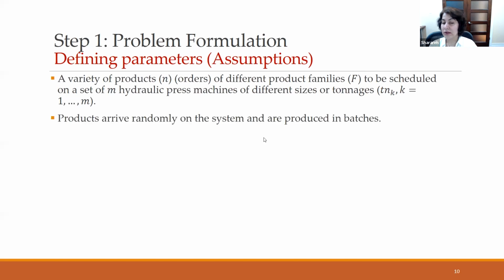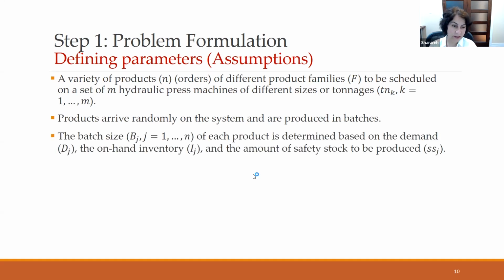We also assume that products arrive randomly and need to be processed in batches, and the batch size is determined based on the demand, the on-hand inventory, and the amount of safety stock to be produced.